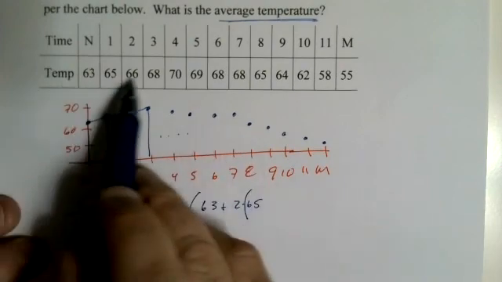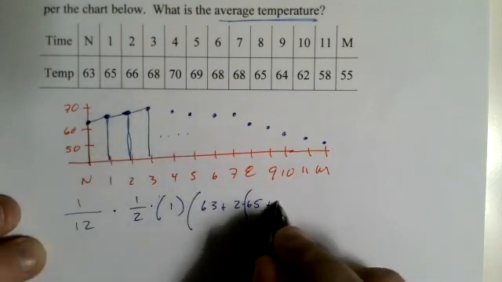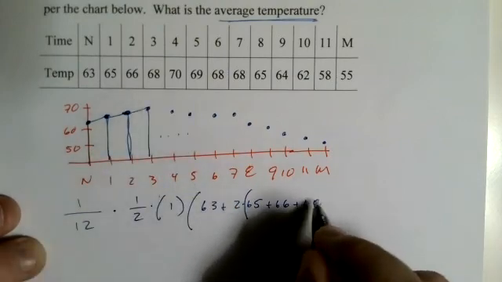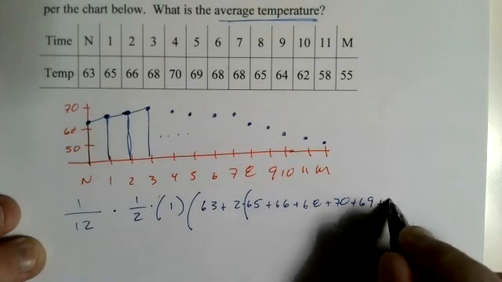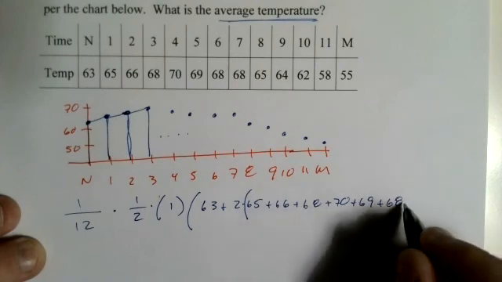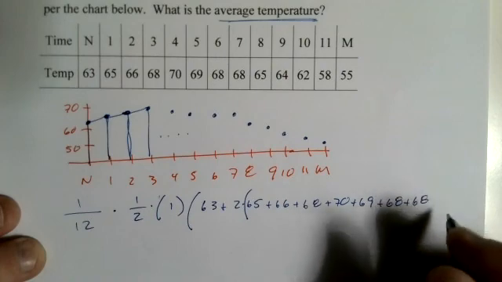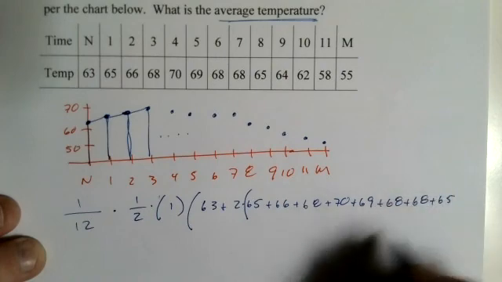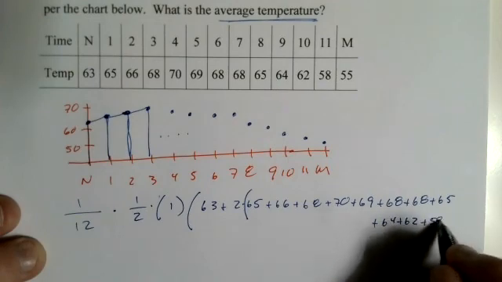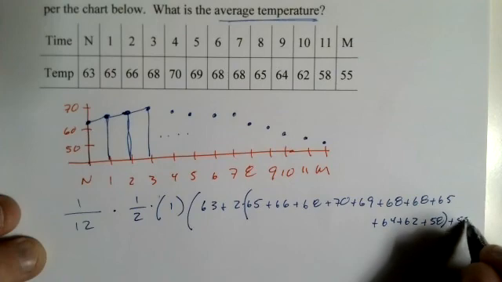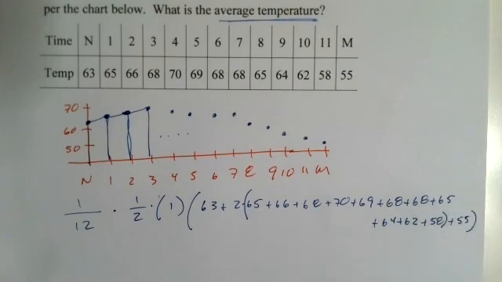It's 2 times all of these. Plus 66 plus 68 plus 70 plus 69 plus 68 plus 68 plus 65 plus 64 plus 62 plus 58 plus 55. There's 2 times all those in the middle.